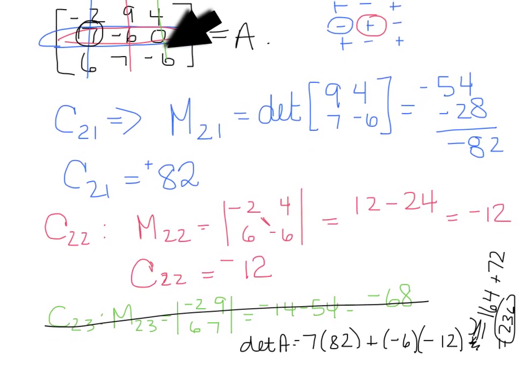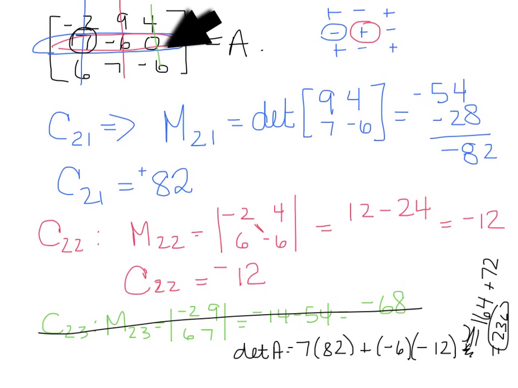So then we're just going to go down to finding the determinant. So I'll need the element A21, the second row, first column element. Okay, so A21 is a 7.